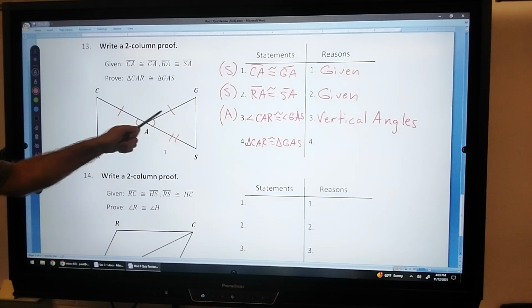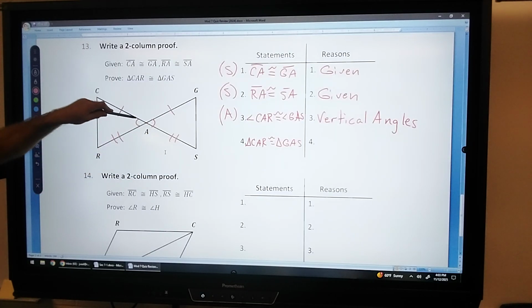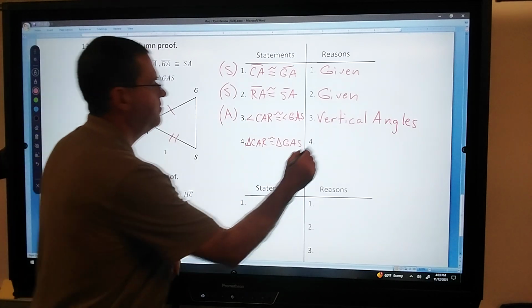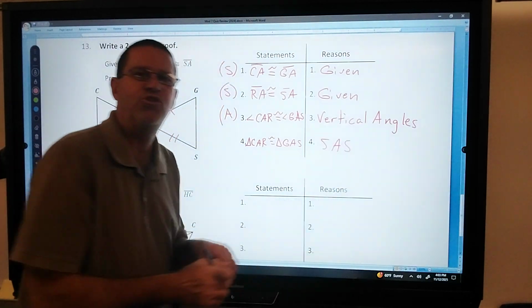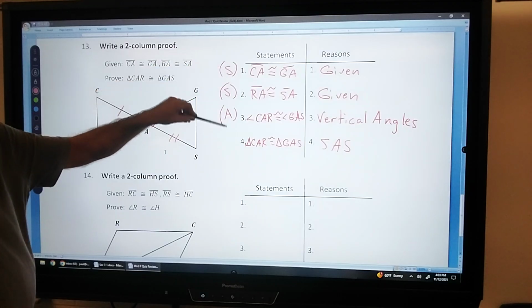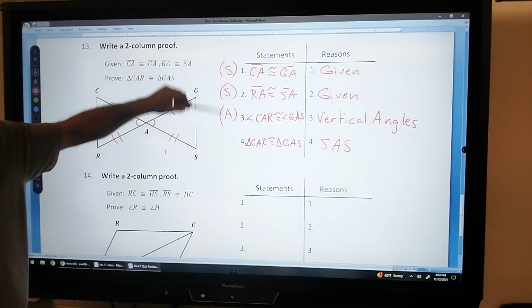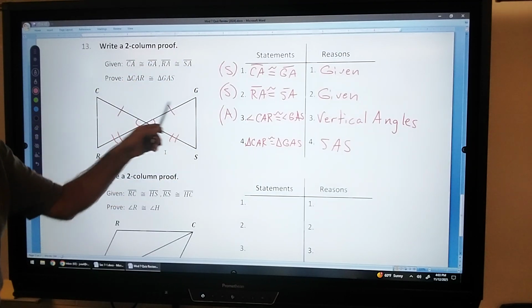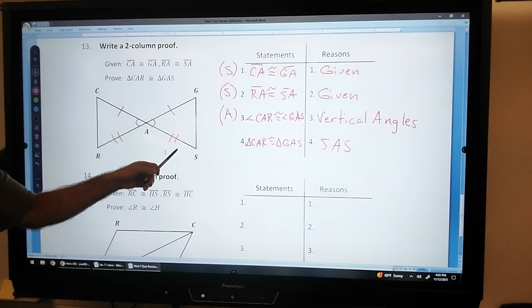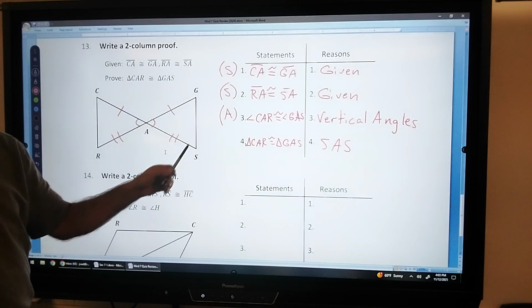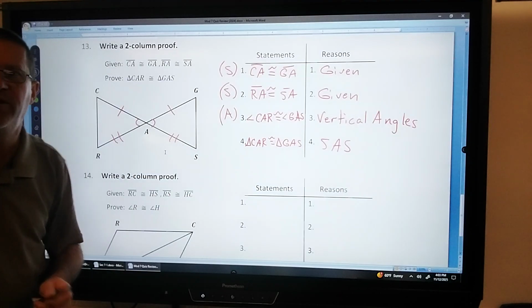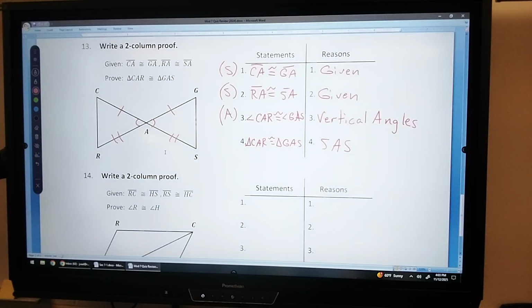Look at your markings, match it up. This is a side, followed by an angle, followed by a side. Do not go by the order that these happen to be in. Please make sure you look at your picture and match up the markings in your picture to one of our 5 ways to prove triangles congruent.